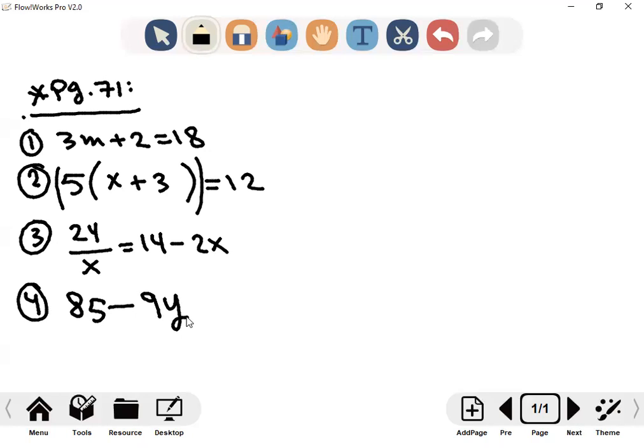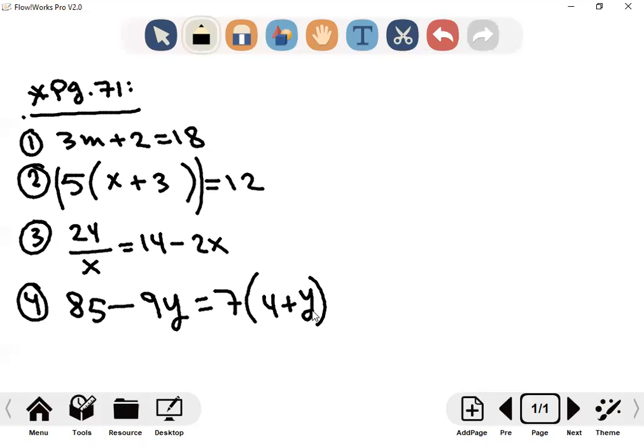Is means equal to 7 times the sum of 4 and y. You understand this one? Not 9y minus 85. It's 9 times a number subtracted from 85. Got it? Not the opposite.